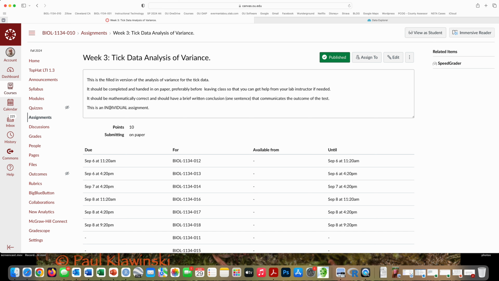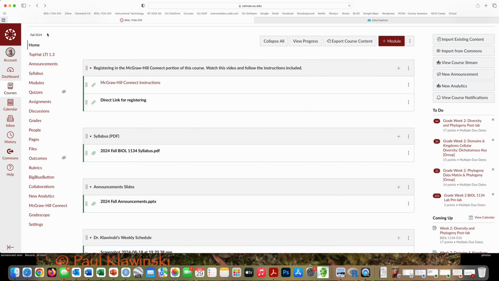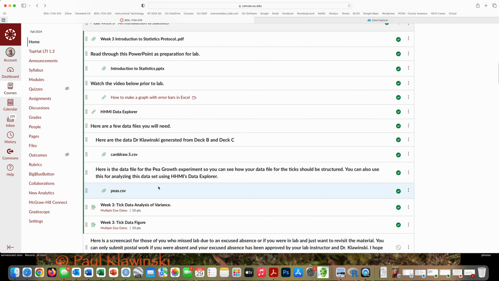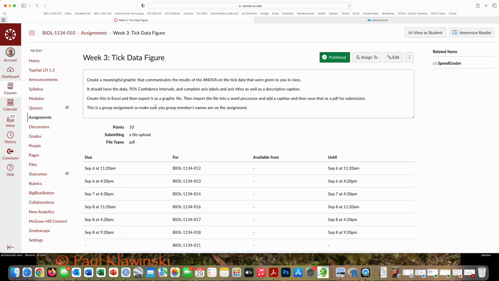The analysis of variance is an individual assignment, so you should have as many of those as you have students in the class. The data figure is a group assignment, so they need to work on constructing that together.